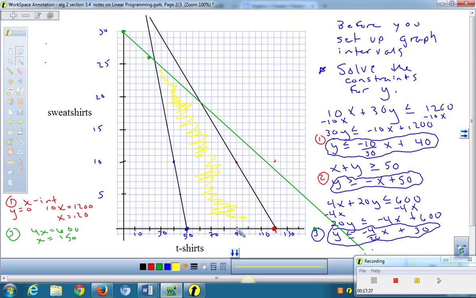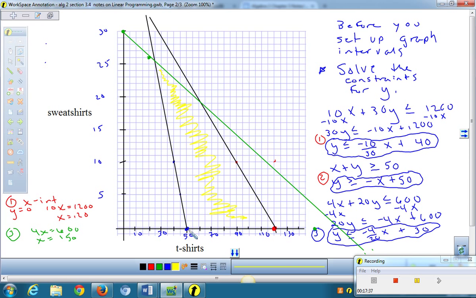Okay? Yes? How did you get that? For this one, anytime you need an x-intercept, you put 0 in for y. So if I put 0 in for y, we get x equals 50. And if I put 0 in for x, I get y equals 50. So for that one, it's 50/50. And so I started here for my x-intercept.